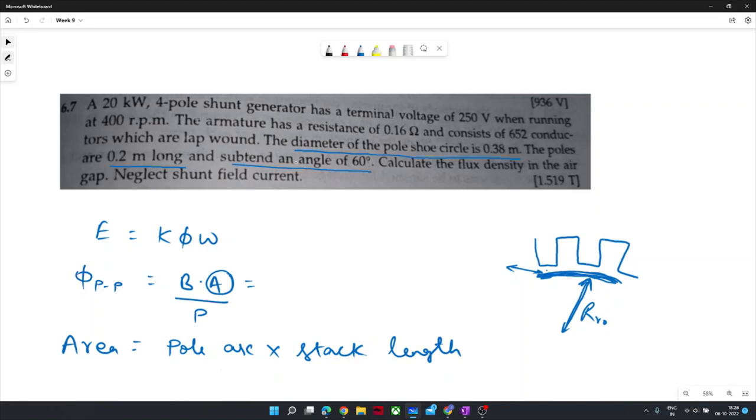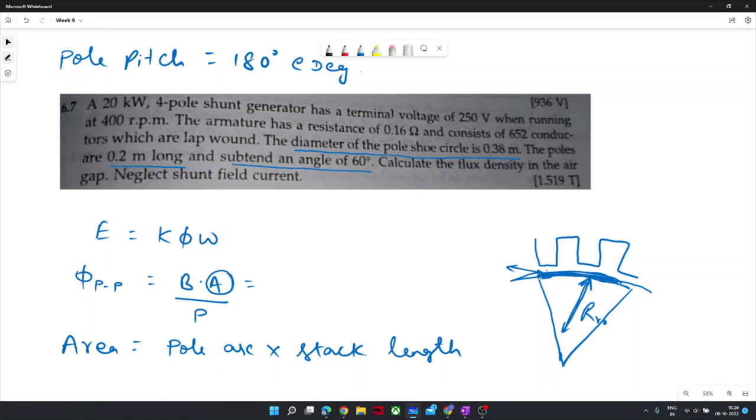This statement means that let's say this pole pitch is this much, but the pole arc subtends only 60 degree. So one pole pitch is always 180 degree electrical, right? Now, if it is saying that it subtends an angle of 60 degree, it means 60 degree is not contributing in linking of flux from stator to rotor.